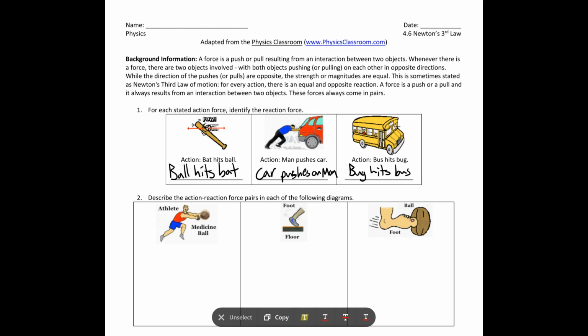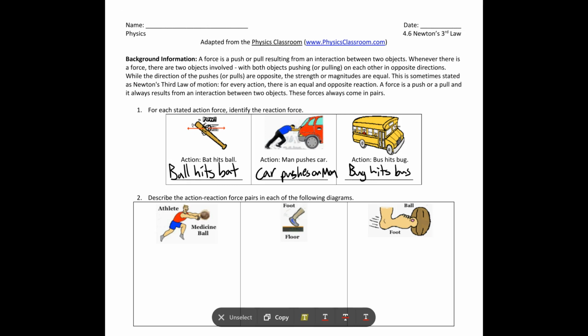So if you really think about these questions, especially this bug hitting the bus, they're equal and opposite forces, but they're also separate objects. So each object gets its own free body diagram, and each object might react differently to these equal forces. For example, the bus is supermassive. The bug is exerting a force on the bus, but obviously it's not enough force to do any kind of noticeable acceleration or damage on the bus.